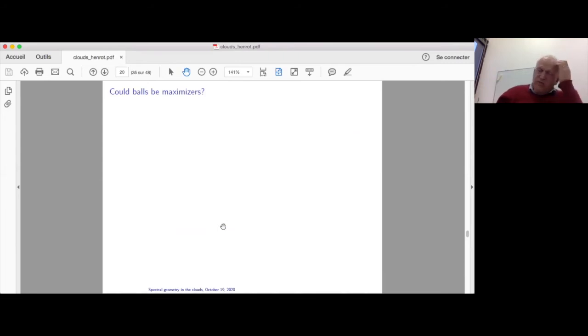So like in the previous case, we wonder whether the ball could be the maximizer of sigma k. And we have seen in my remark that if the ball is the maximizer for sigma k with a diameter constraint, it will also be the maximizer with a perimeter constraint in the class of convex domains, or the maximizer with a volume constraint.